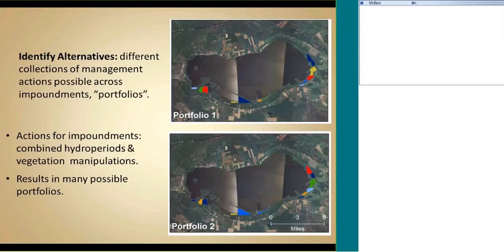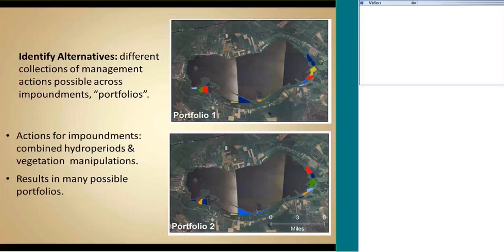So the next step in the process was to identify the alternatives, which are different collections of the management actions that are possible across all these 14 impoundments. So actions for individual impoundments were created by combining hydro periods with various vegetation manipulations. We've got many different combinations, what we call portfolios.